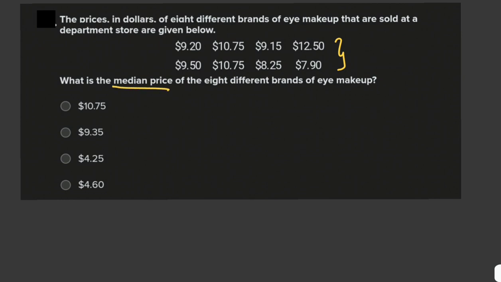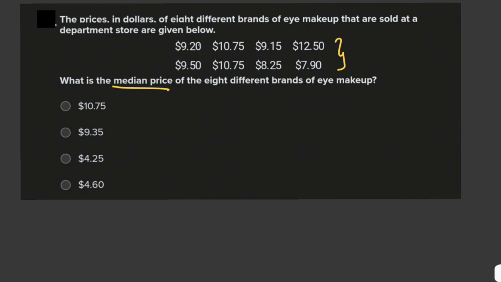So what is median? Median is the middle value for a set of data if there is an odd number of values in the set. If there is an even number, the median is the mean or the average of the two middle values after the data has been put in order. So we need to order our data from least to greatest.